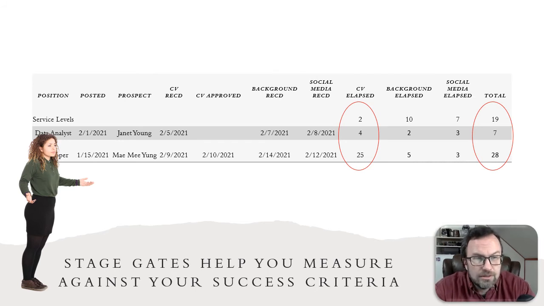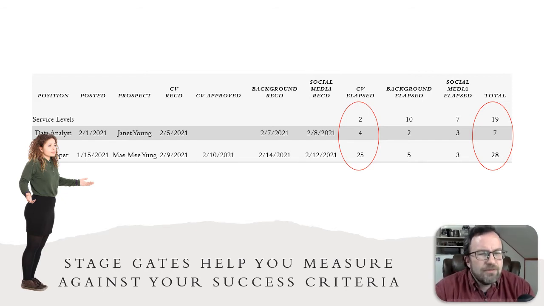We also get the opportunity to determine against our service levels, is something either highly, I want to say, out of whack on both the positive and the negative side. If I look consistently at this data analyst role, I can see that I've got a 7-day total.